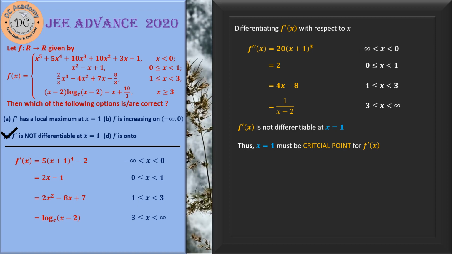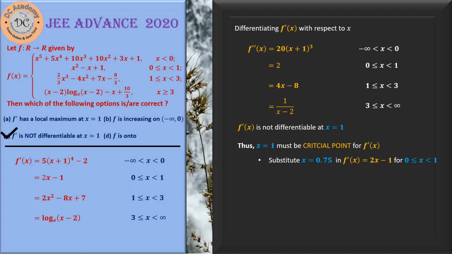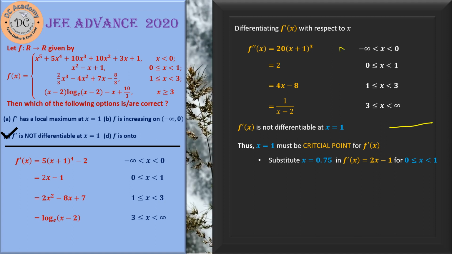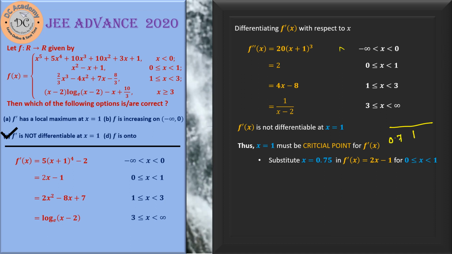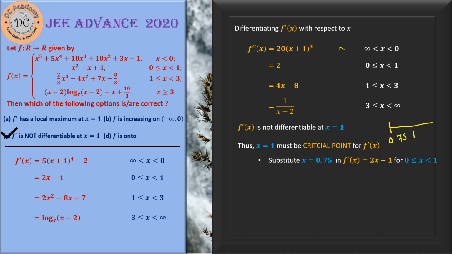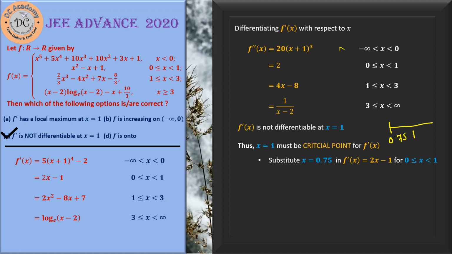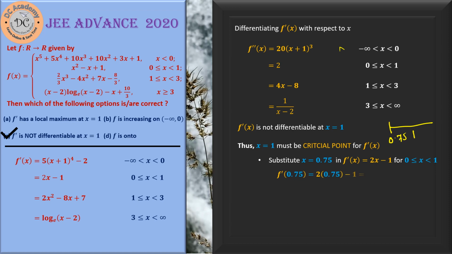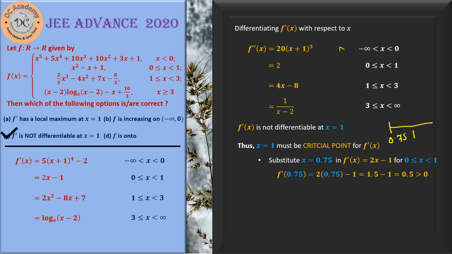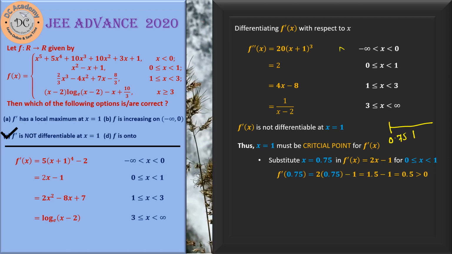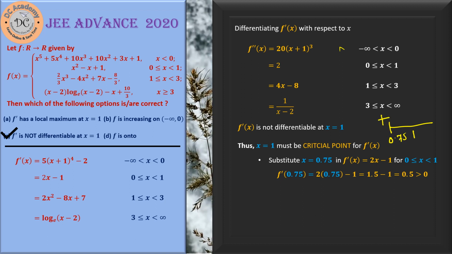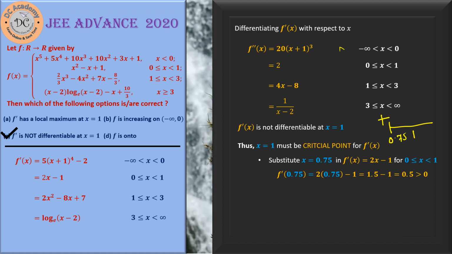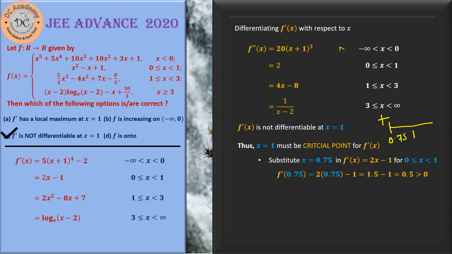Let's substitute x equal to 0.75 in the left-hand neighborhood of 1. We get f dash of 0.75 equal to 0.5, which is greater than 0. So f dash x has a positive sign here.